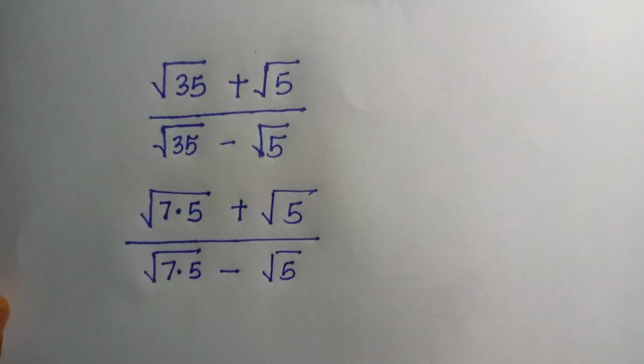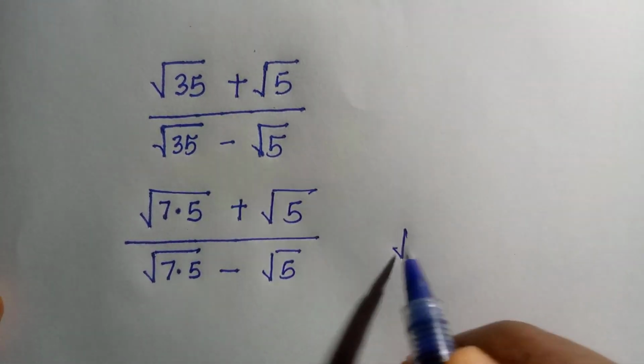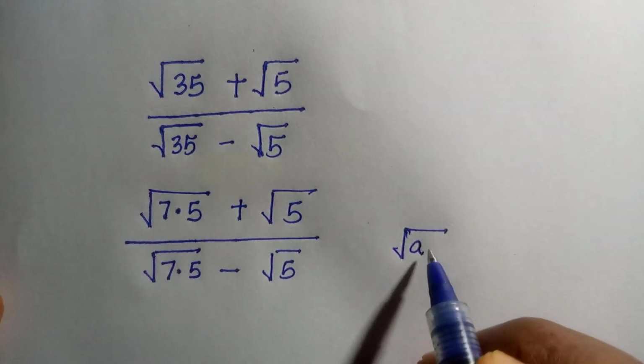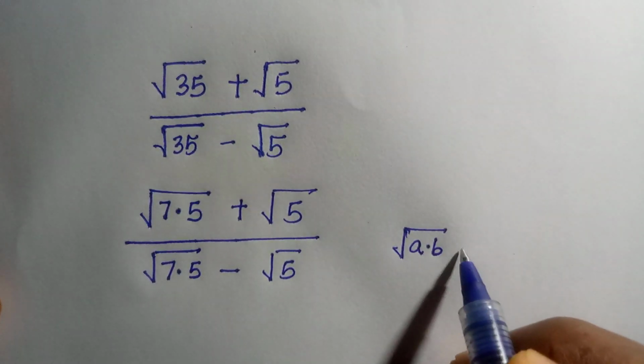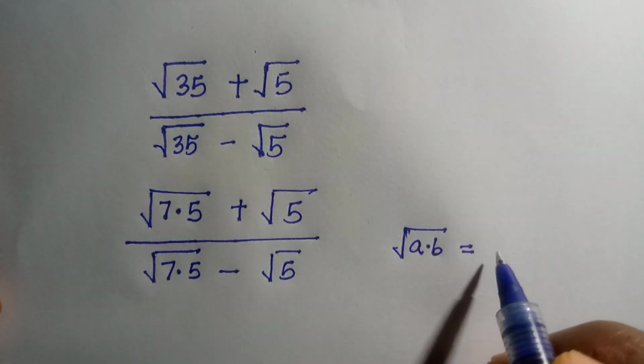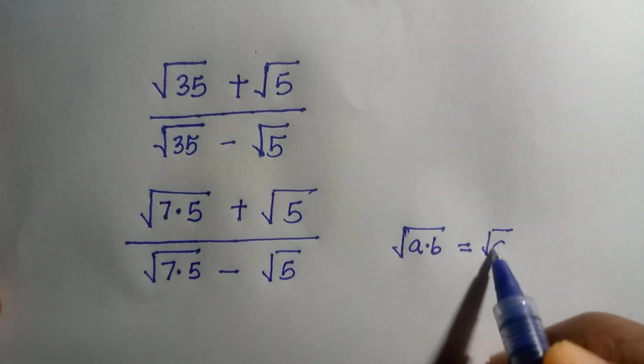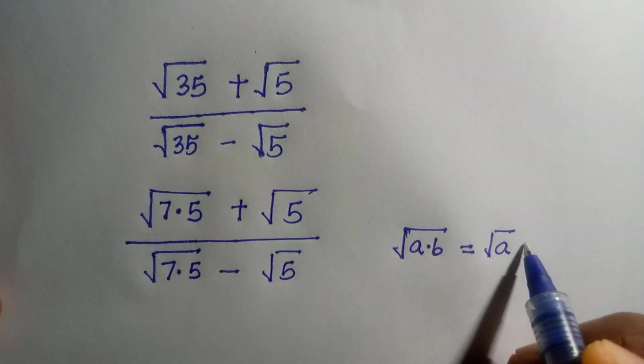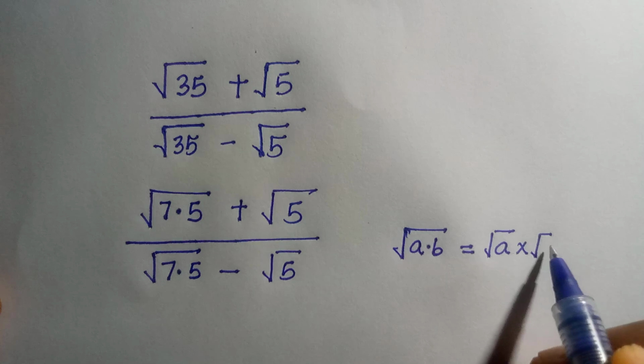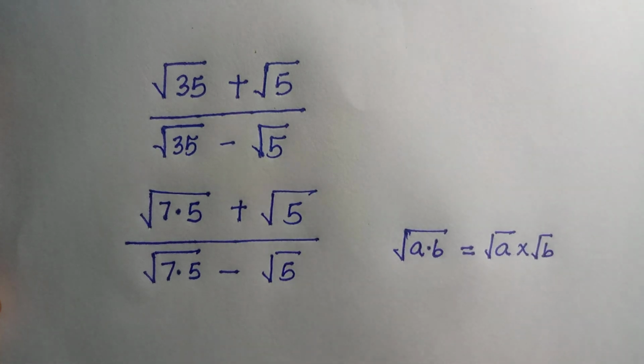So we have to consider from this rule that anytime we have the square root of a multiplied by b, this is the same thing as the square root of a multiplied by the square root of b.